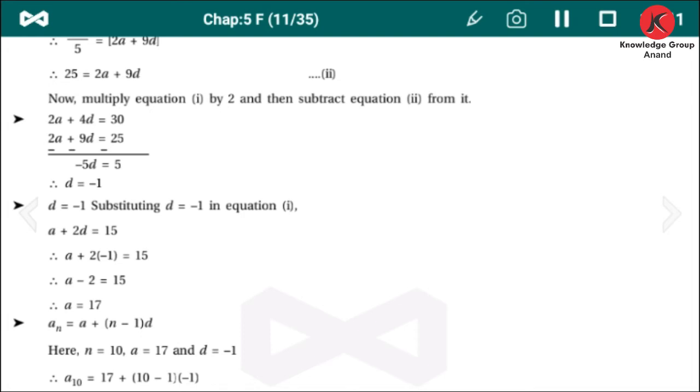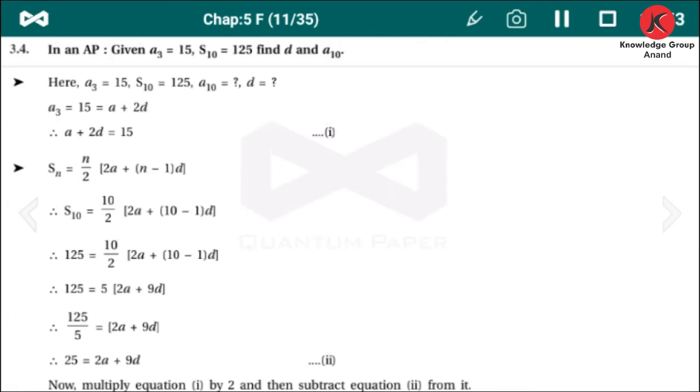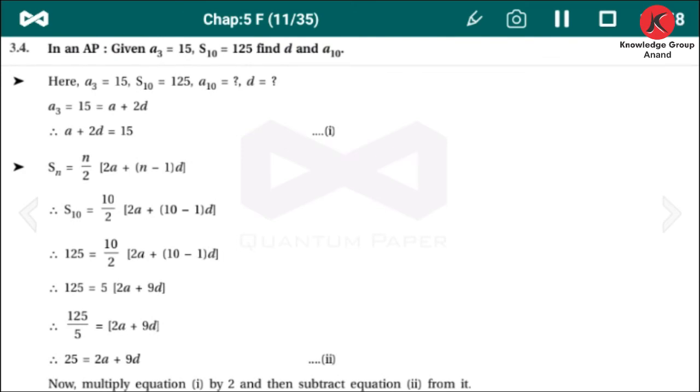In this question, put the value of D in equation 1. Therefore, A is equal to 17. Now we find A10.